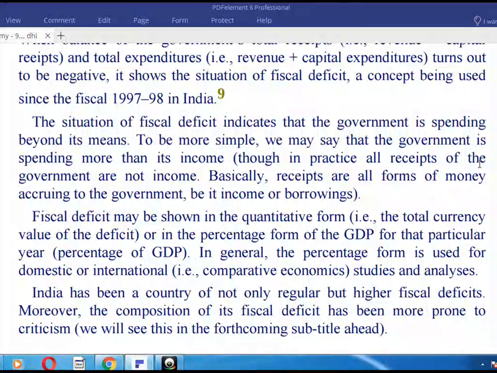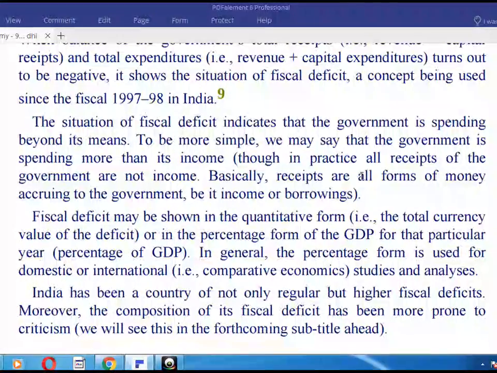To be more simple, we may say that the government is spending more than its income, though in practice all receipts of the government are not income. Basically, receipts are all forms of money accruing to the government, be it income or borrowings.